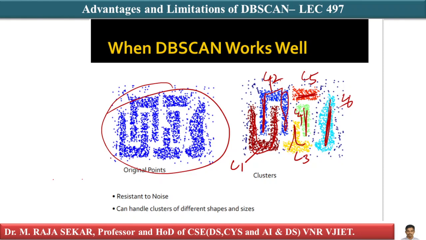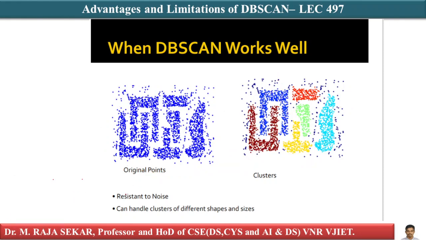One thing to quickly notice is how DBSCAN works. DBSCAN works very well, and it is resistant to noise, isn't it? The name itself has noise, which means it handles noise.